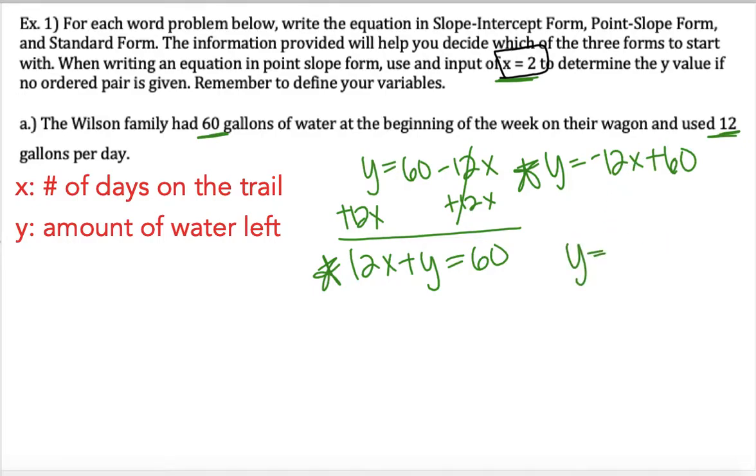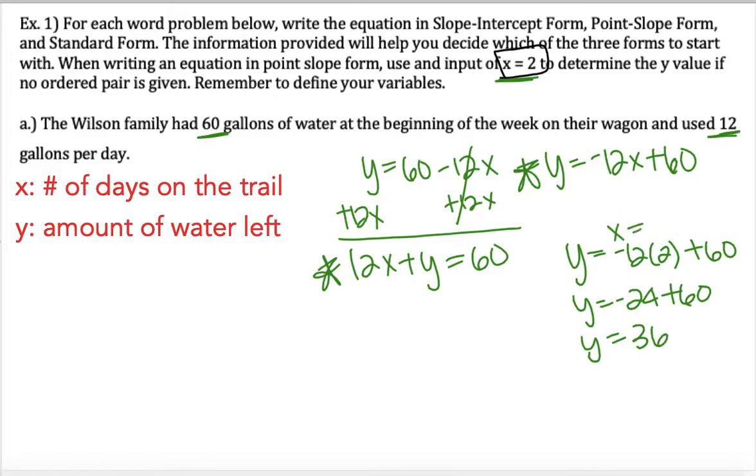So y equals negative 12 times 2 plus 60. And I can simplify this side of the equal sign to find the value of y. So y equals negative 24 plus 60. Negative 24 plus 60 is 36. So now x equals 2, y equals 36.